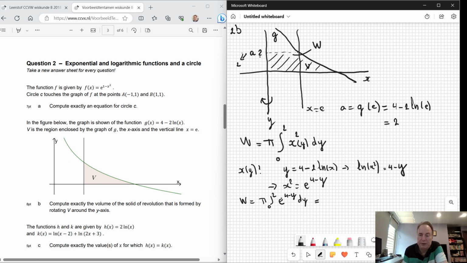Well, the primitive here is pretty simple. So you get pi times, from the chain rule, you pick up another minus sign.